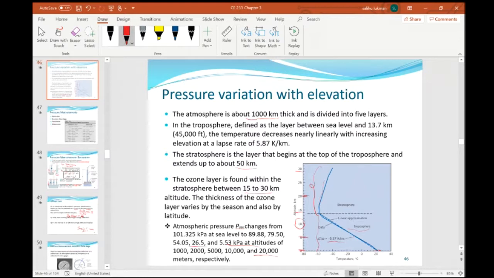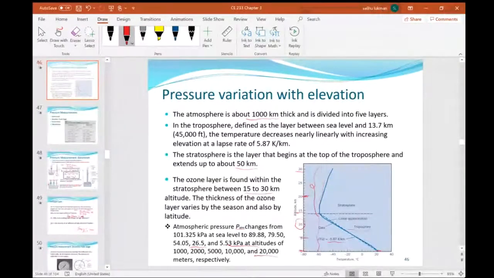The pressure is just 26.5 kilopascal, meaning at this point, water cannot reach 100 degrees Celsius. It will not reach 100 degrees Celsius before it begins to boil. Once the vapor pressure reaches 26.5, it will begin to boil.